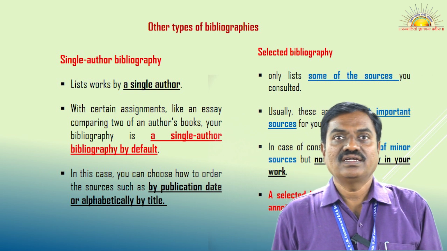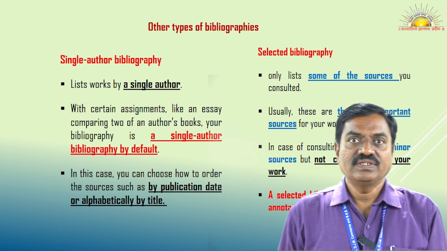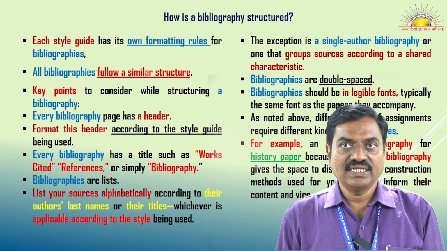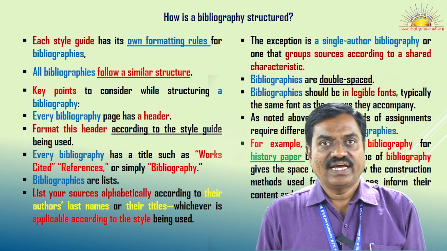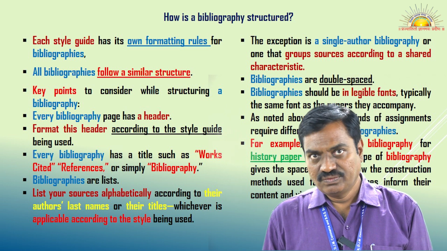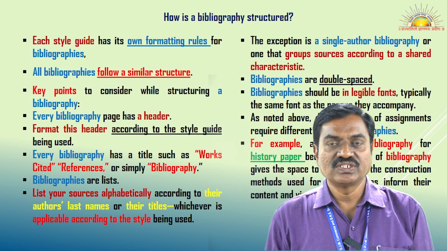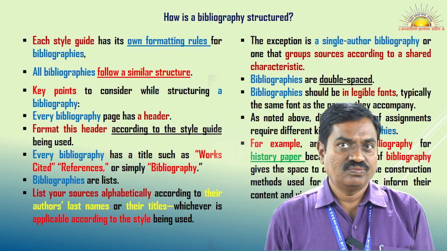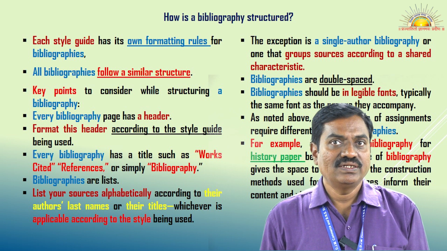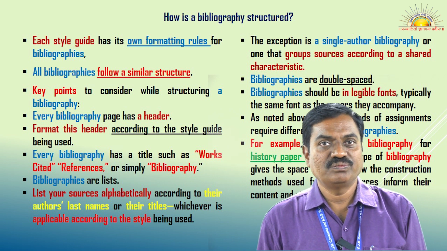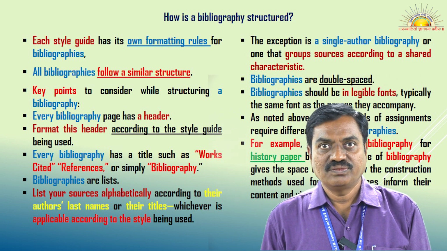Now, we shall understand how a bibliography is structured, that is, the structure of a bibliography. Although each style guide has its own formatting rules for writing bibliographies, all bibliographies follow a similar structure. The key points to keep in mind while structuring a bibliography are as under.